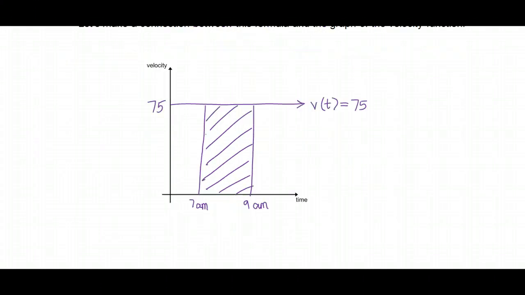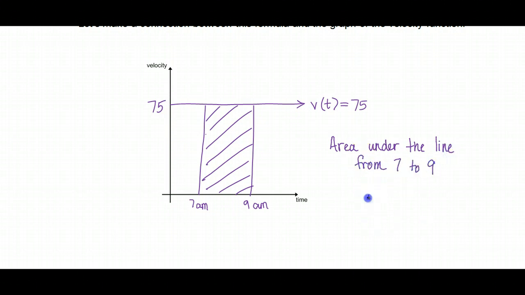The area under the line from 7 to 9, well, that's just base times height. It's just a rectangle. The base is 2. The height is 75. So we get 150.